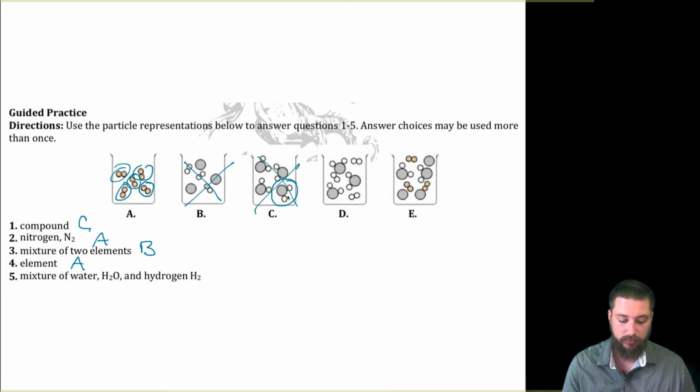And this one, if you take a look here, there's water, and who knows, maybe it's hydrogen gas. But even if it were, it has this other element in there, and so that alone means this cannot be the mixture of water and hydrogen gas because it's got that third component in there, which is that solid square circle.